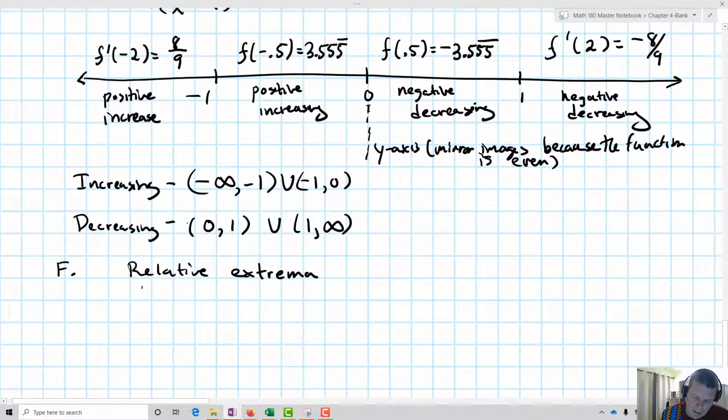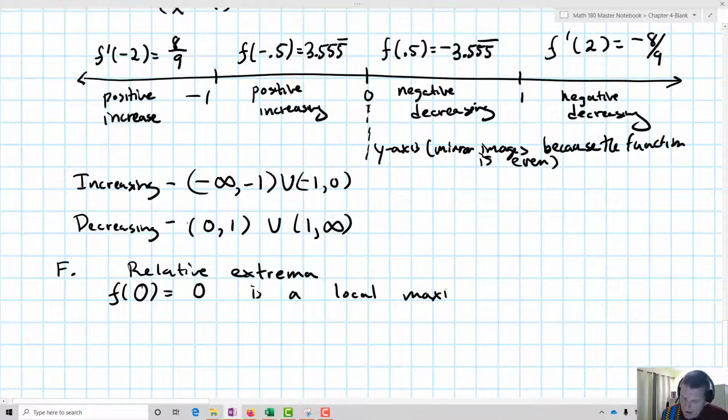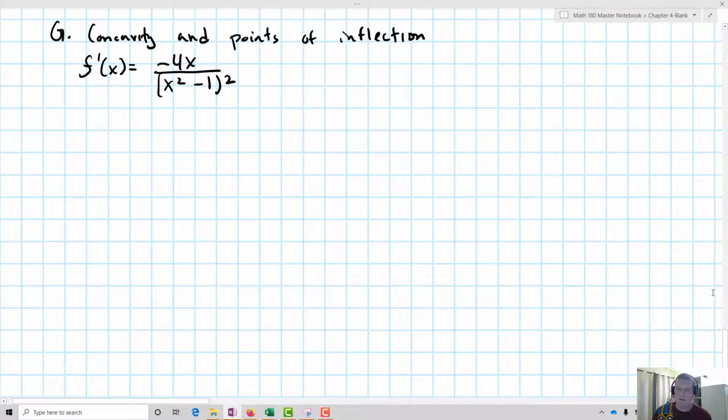So consequently, f of 0, which equals 0, is a local maximum. So that's going to be a local max, and that's our relative extrema.